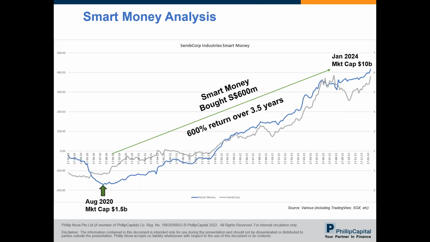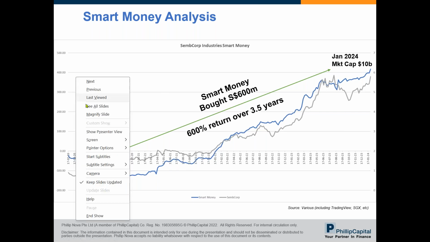For example, this chart is showing Sembcorp Industries, so the gray line is the weekly price of Sembcorp Industries, and the blue line is the funds being added to this stock by the smart money, or funds being withdrawn from this stock. As week after week the smart money keep adding more funds into the stock, you will see the blue line go up. As the smart money decide to sell the stock, you will see the blue line come down.